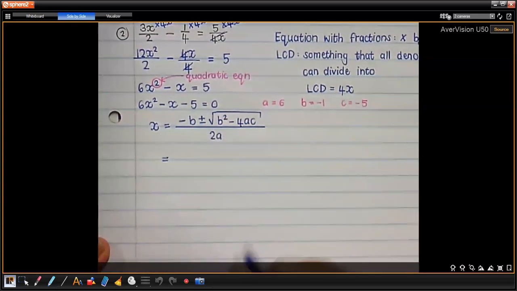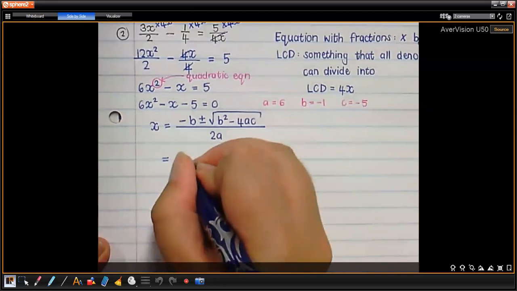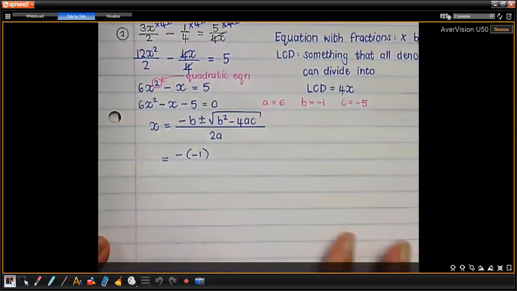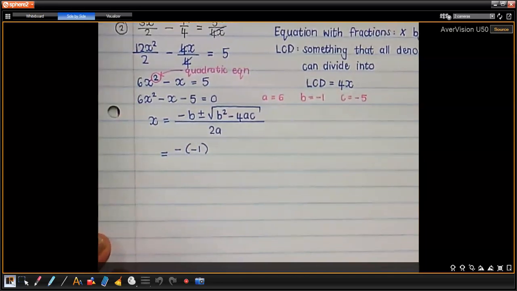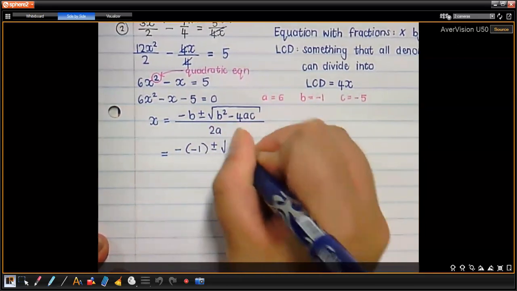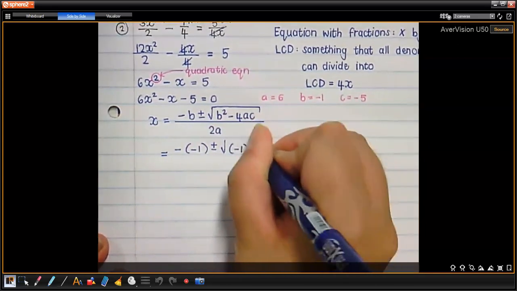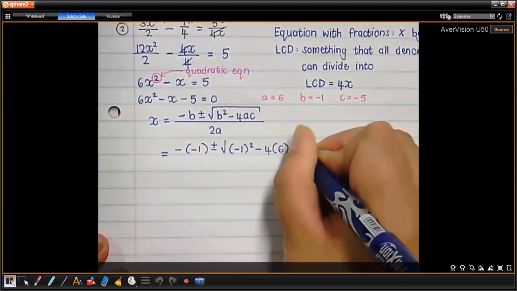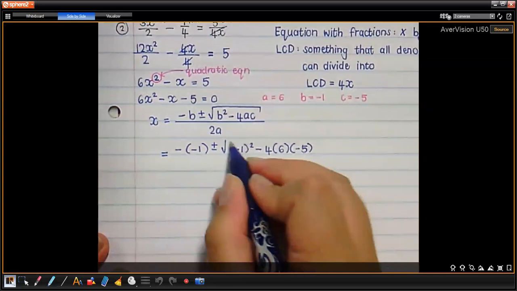Now we're going to sub our values in. So now b is negative 1, so we have to say negative 1. Please remember that. Whatever your b value was, you need to put a minus in front. Then we do plus or minus the square root of negative 1 squared minus 4 times 6 times negative 5.